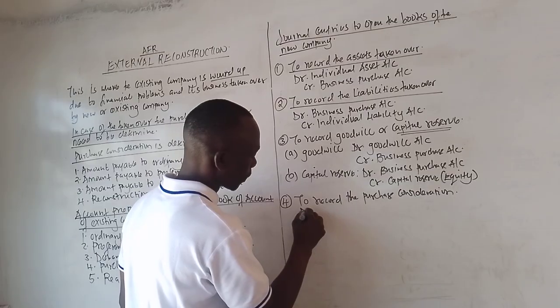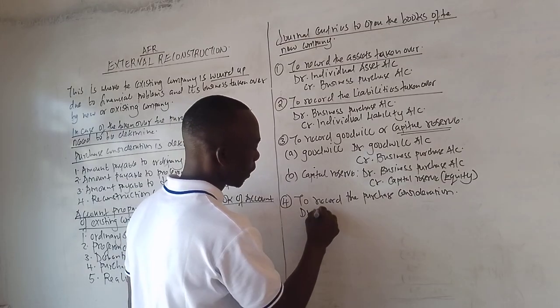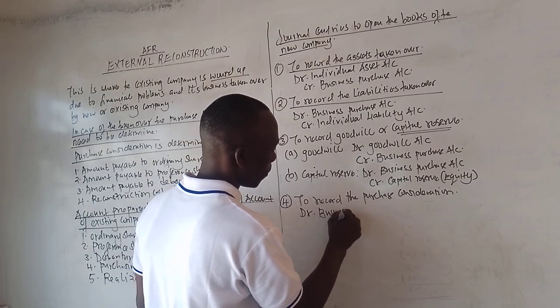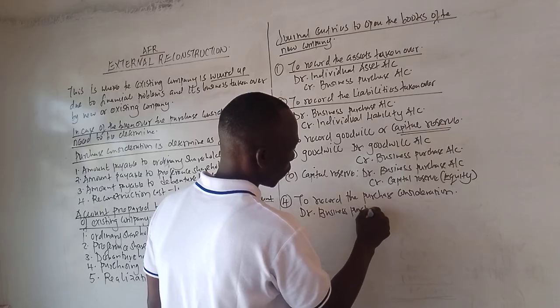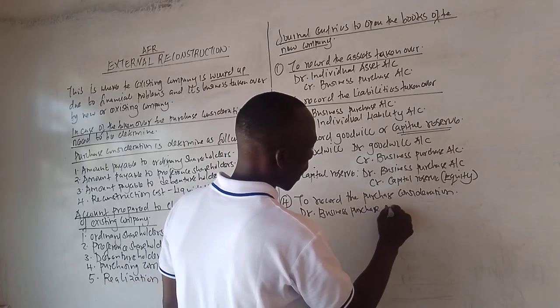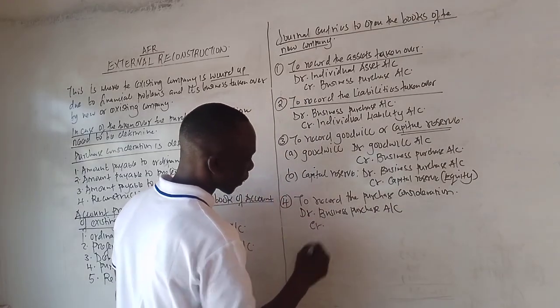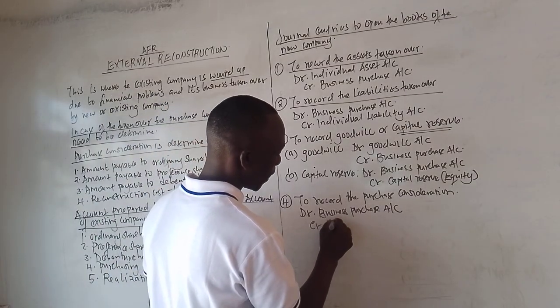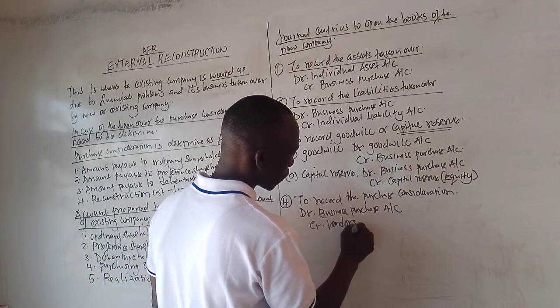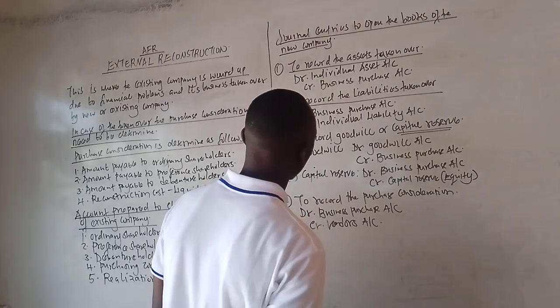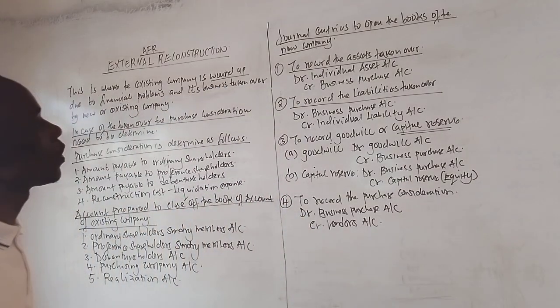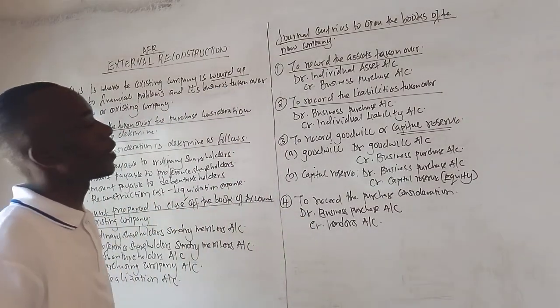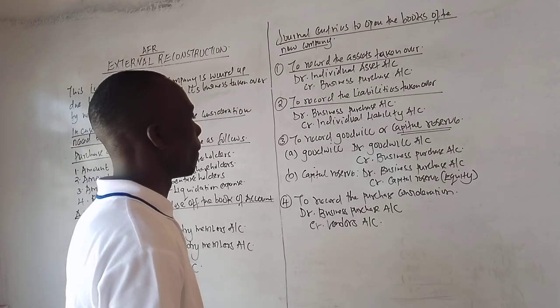You will debit the business purchase account as you credit the vendor's account.